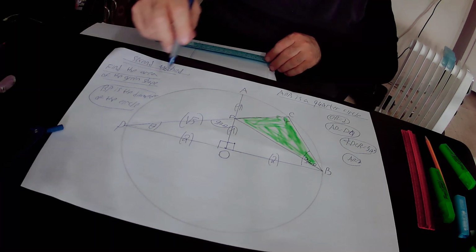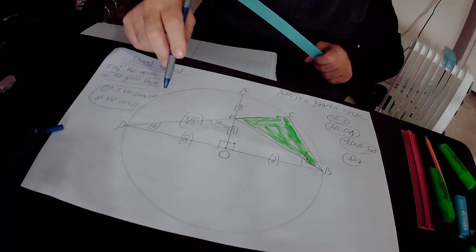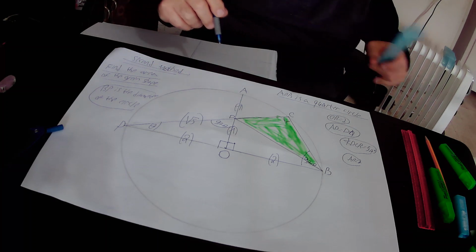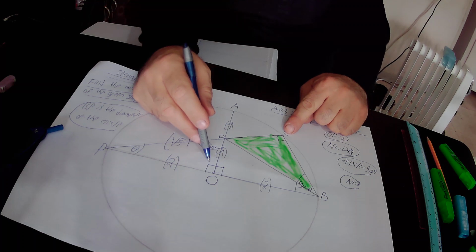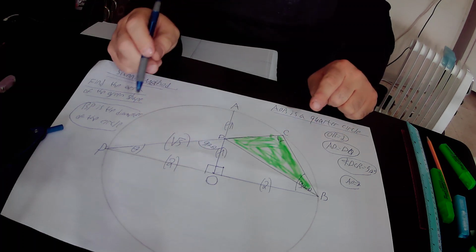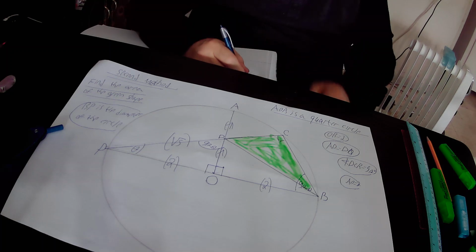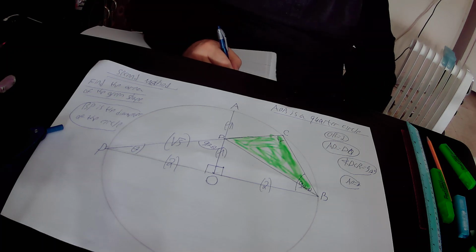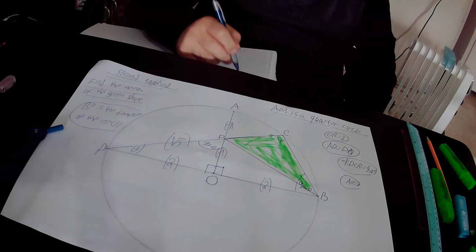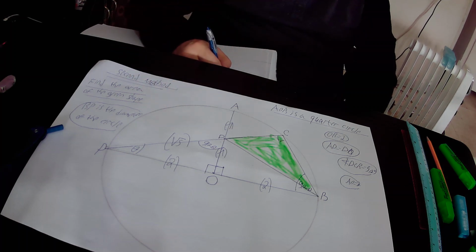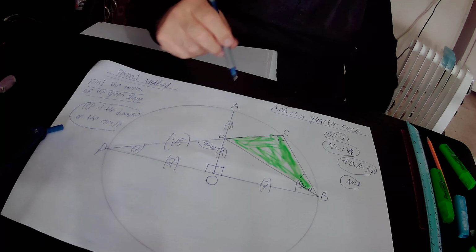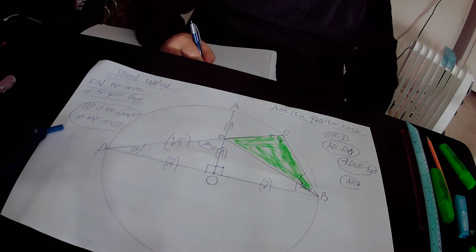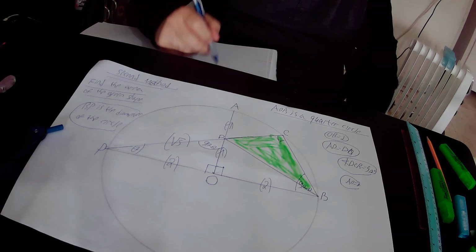So why is the big right triangle PCB similar to the small right triangle PDO? First of all, those two angles are both equal to 90 degrees, therefore they are equal to each other. So this is angle PCB in the big right triangle PCB, and it is equal to this angle, angle PDO, in the small right triangle PDO.